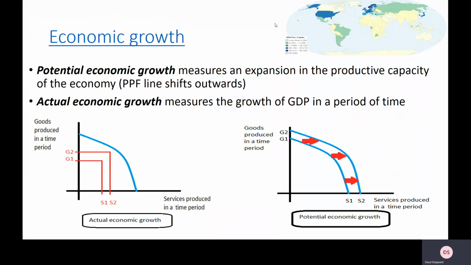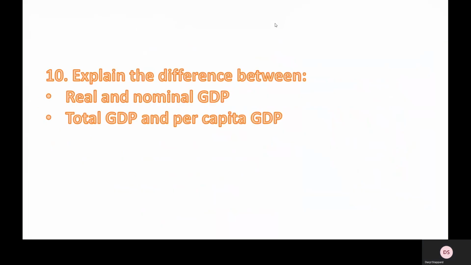The diagram on the right-hand side shows potential economic growth. If the PPF was to move outwards, then it means that the economy has improved or increased its factors of production. That therefore means that the productive capacity of the economy is now bigger than what it was before. So we've therefore got actual against potential economic growth.